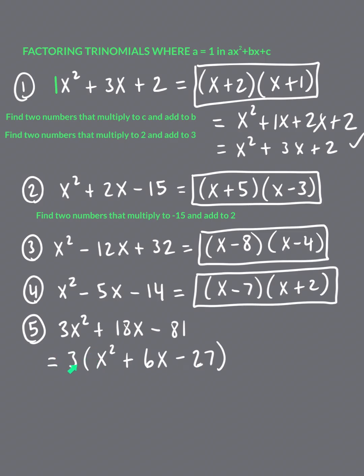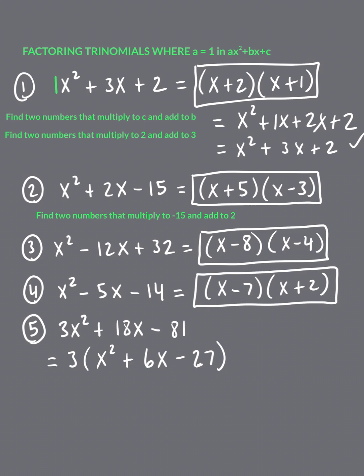This 3 needs to just stay on the outside here because we always want to make sure that when we factor, it is equal to the original expression. If we multiply this 3 through, we would see that we would get this. But now we can factor this like we did the other examples. We're looking for two numbers that multiply to negative 27 and add to 6.